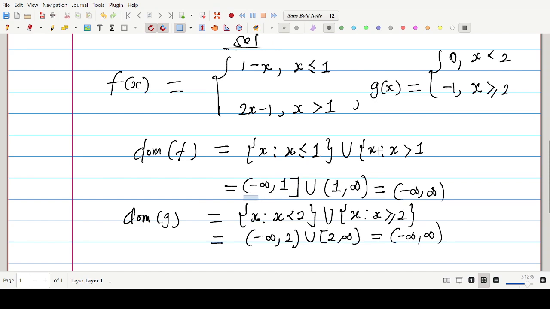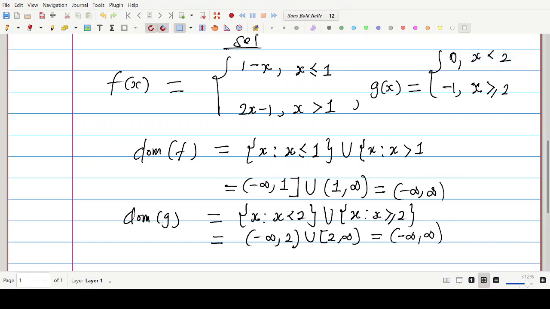Now, looking at the function g, we can see that there is an intersection between this interval and this interval. And what is the intersection? The intersection is simply this. Can you see that? Because this you see here is common to this, and this is included in this interval.